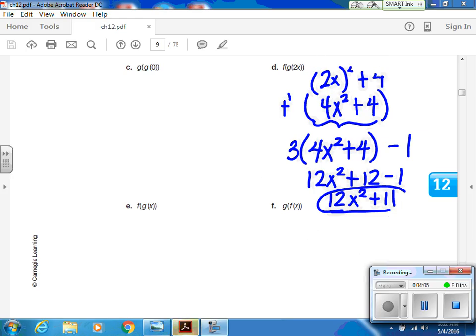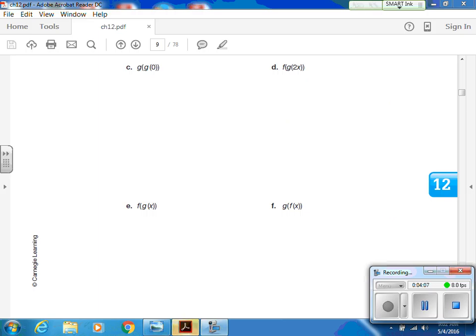Alright, let's do E together, and then you're going to do F on your own. So, E says f of g of x. Now, this is actually pretty easy. You take g of x and put it inside problem f. So the whole problem g goes inside of the problem f.